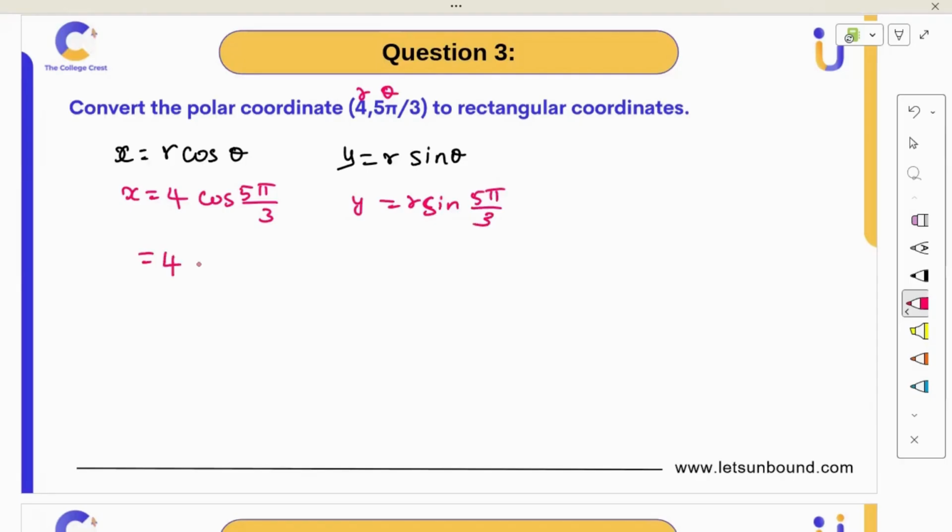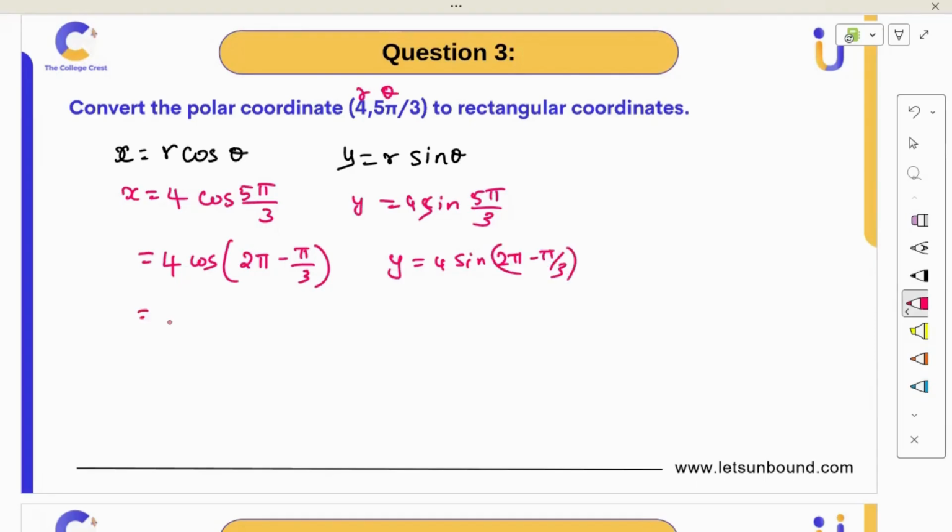So 4 cos 5 pi by 3, I can write it as 2 pi minus pi by 3. Here also the same: r is 4, right? So 4 sin of 2 pi minus pi by 3.